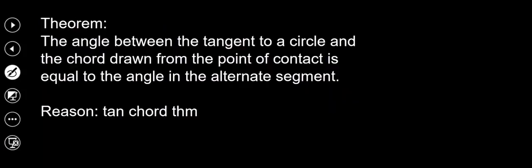Now, the theorem that we are talking about here is that the angle between the tangent to a circle and the chord drawn from the point of contact, from the tangency point, is equal to the angle in the alternate segment. Going back to this diagram, this is my chord, this is my tangent, that's the chord.